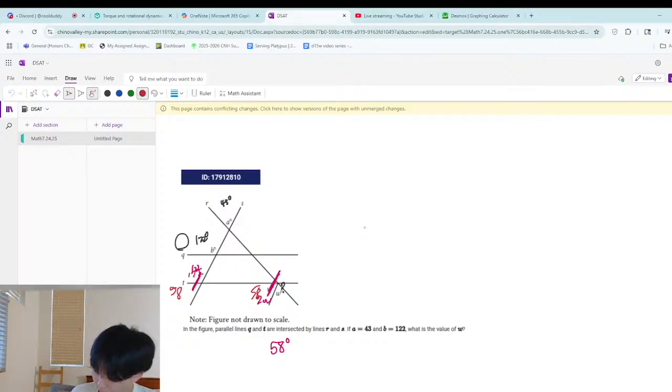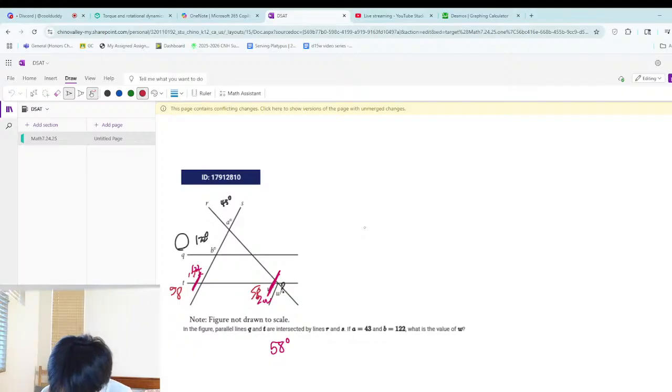The 58 part is correct. So we should have 79 degrees for the third interior angle of the triangle. Okay, so we're looking at 180 minus 43, 137.